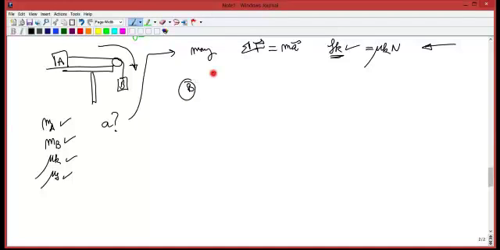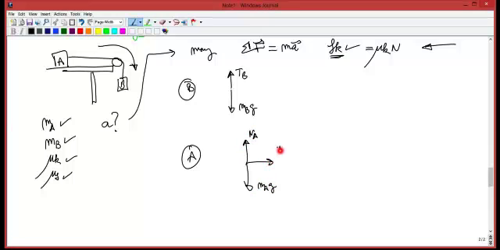So let's do B real fast. We've done it many times before. Weight, tension. Now let's do A. Same as before. Weight, normal, tension, and now the new force, Fk.